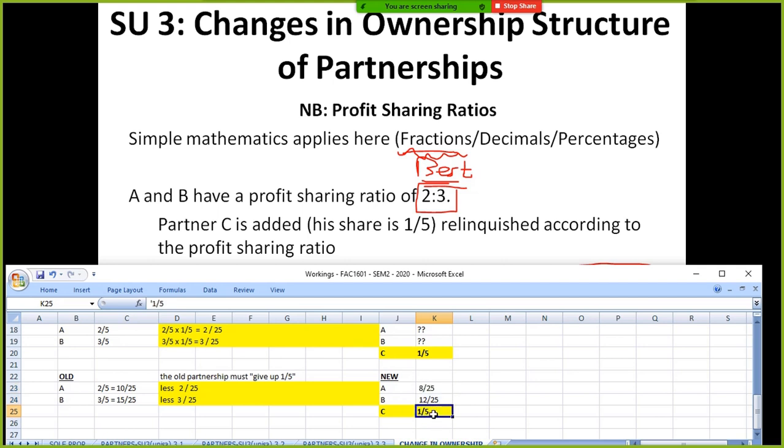Convert this to 25ths, so times it by 5. So 5 over 25. There we are. Now if you have the same denominator, you automatically get the profit sharing ratio. A to B to C is 8 to 12 to 5. Do you see that? Yes. All right, and that's the answer.